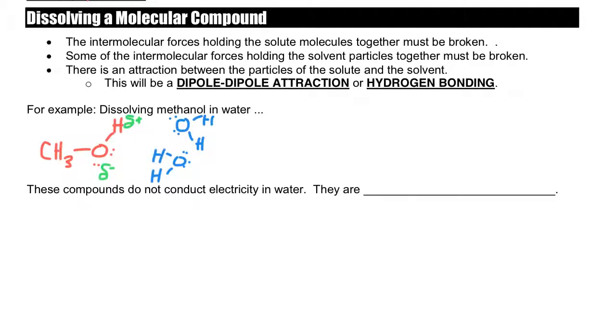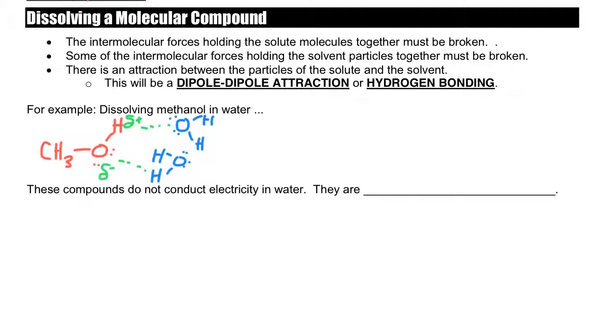So what you see is this negative charge on the oxygen is attracted to the positive charge on the hydrogens in the water molecules. And the oxygen atom in the water molecule is attracted to the slightly positively charged hydrogen on the methanol molecule. So what you have is a dipole attracted to a dipole. This is a dipole-dipole attraction.